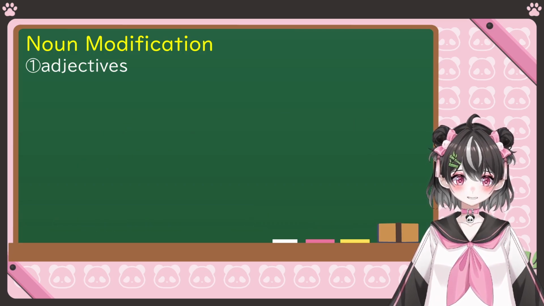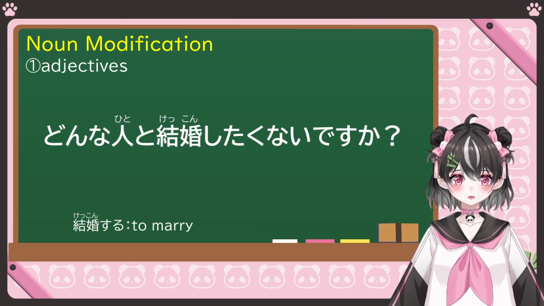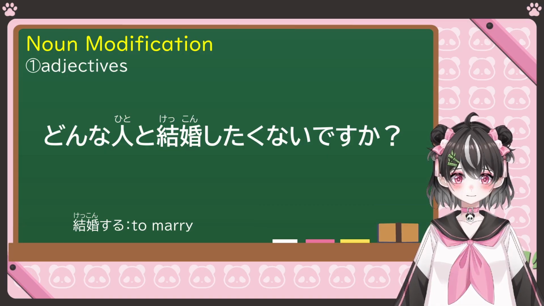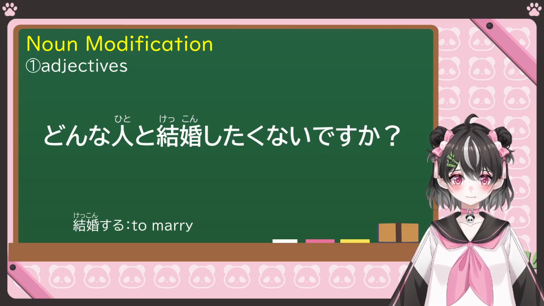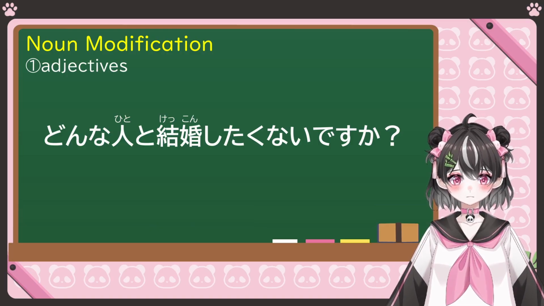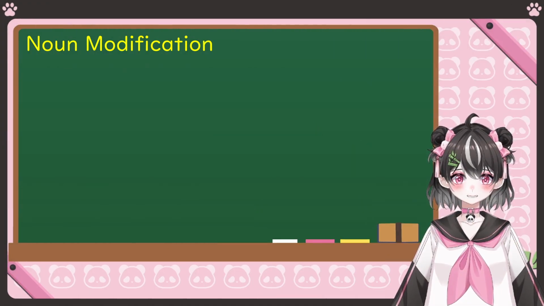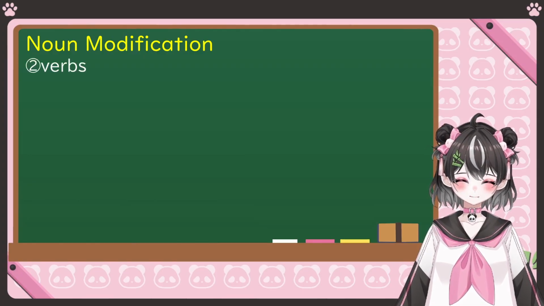Please answer the question. どんな人と結婚したくないですか? なるほど。Okay, now let's check out how verbs modify nouns.